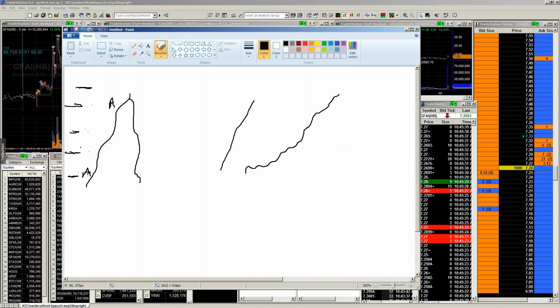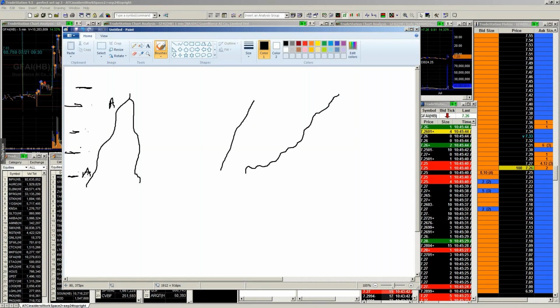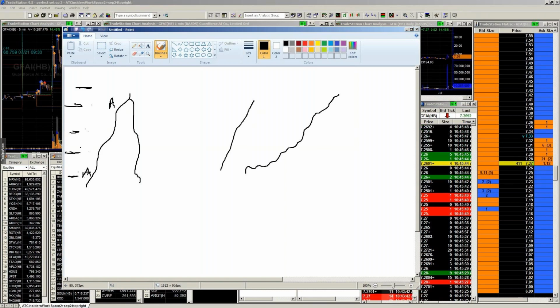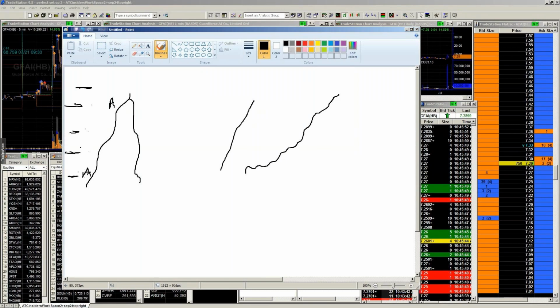Does that help us with our timing of when the number one is going to happen? It does not. So those are the prints that we need to use to give us an ability to understand when that timing is going to be there.